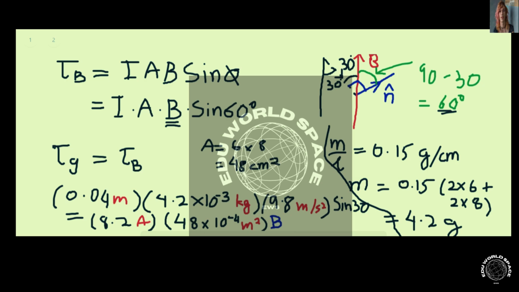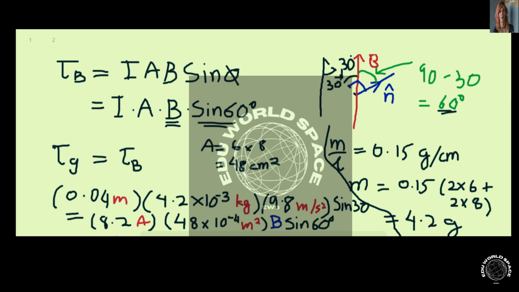Times sine of 60 degrees. And the rest is basically just plugging all of these numbers into your calculator and solving for B.